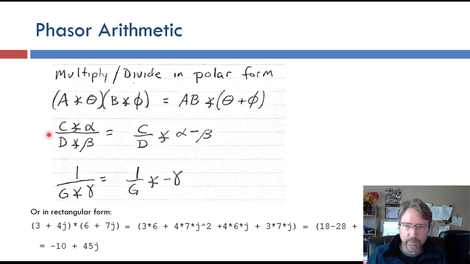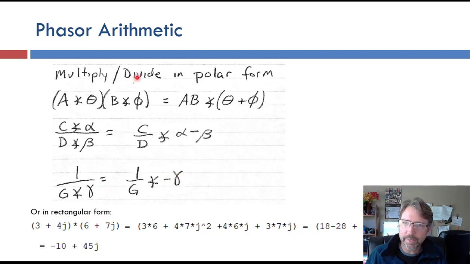And dividing, you divide the amplitudes and you subtract the bottom phase from the top, alpha minus beta. And sometimes we do this for the 1 over, which comes up a lot, as you'll see. We have 1 over the amplitude, and this was 1 with a phase of 0, so 0 minus gamma, a negative phase there.